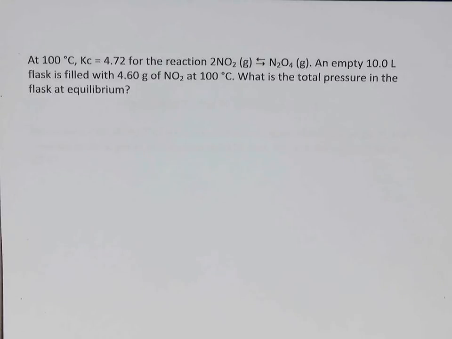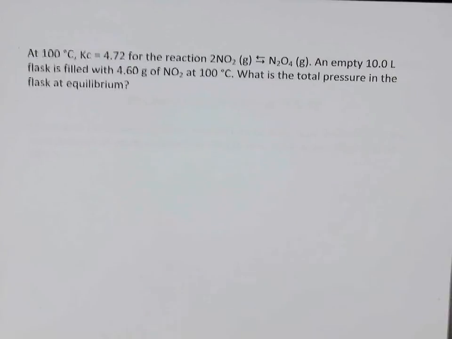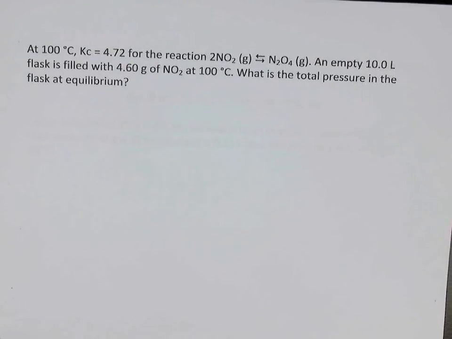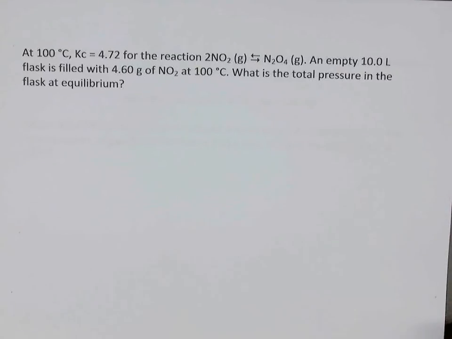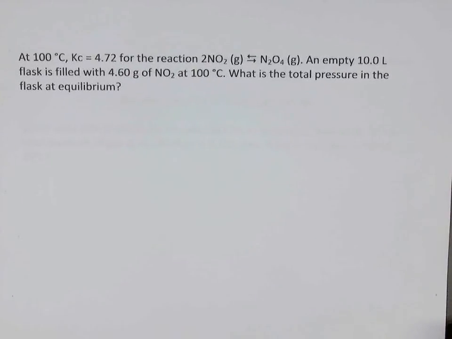A couple things here jump out at me as annoying. One is the mass of NO2 instead of moles. Minor annoyance, but an annoyance. And the second thing is that the question is dealing with a Kc, but then it's wanting to know about the total pressure. So there's a couple ways to go about this.